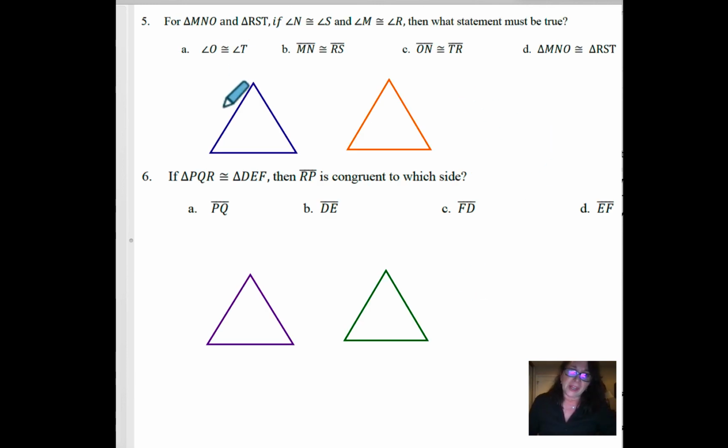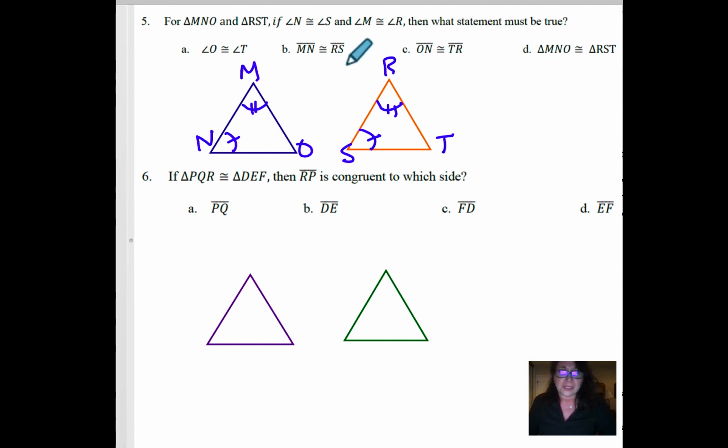For this problem here, it says triangle MNO, so I'll say M, we have N and O, and then we have R, we have S, and we have T. So for MNO and RST, if angle N is congruent to angle S, and we know that angle M is congruent to angle R, well, that would make MNO congruent to RST.